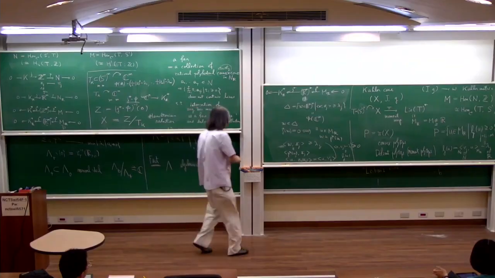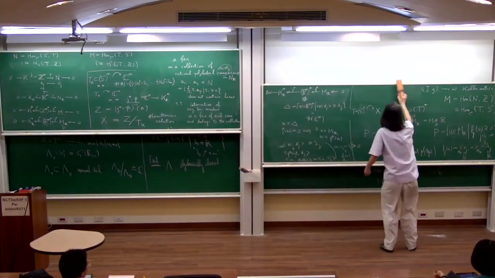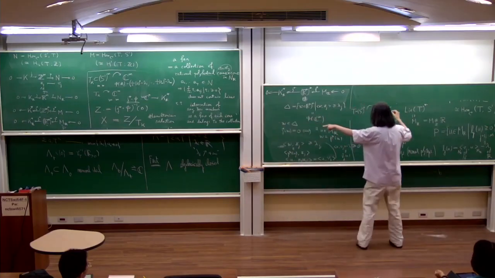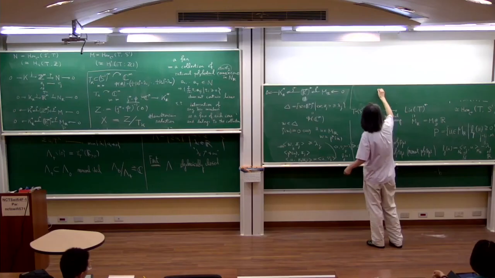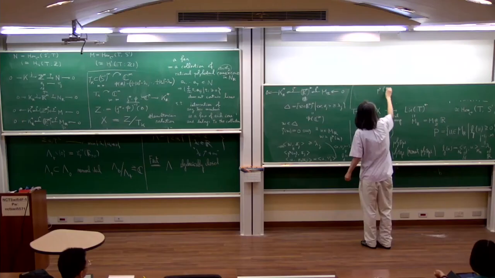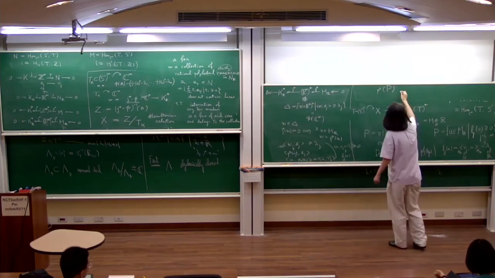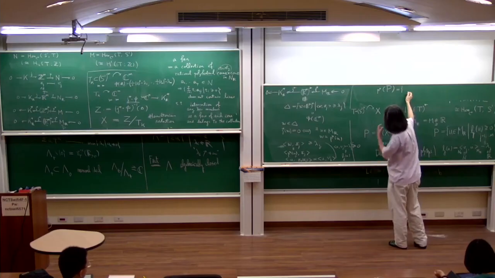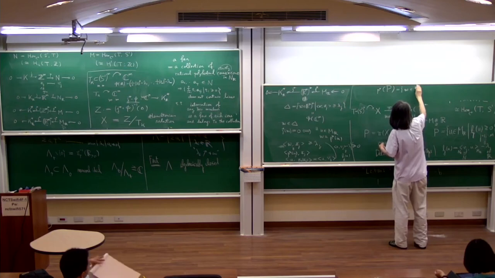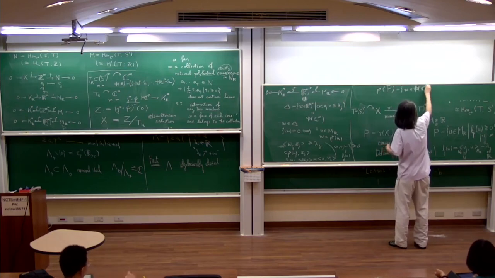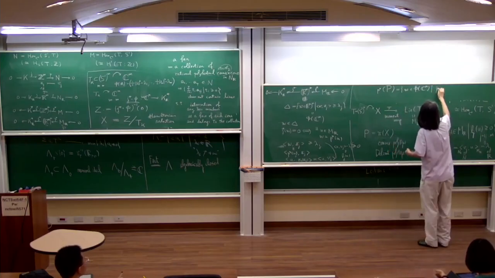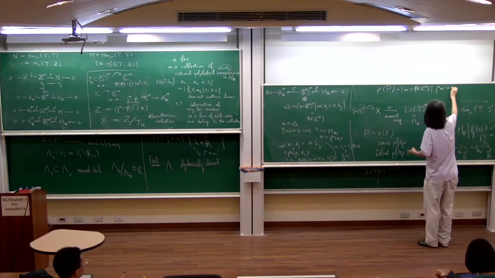So what I can say is this: P star of this point of P is equal to W in the image of phi of Cm, so that J star W is equal to 0.